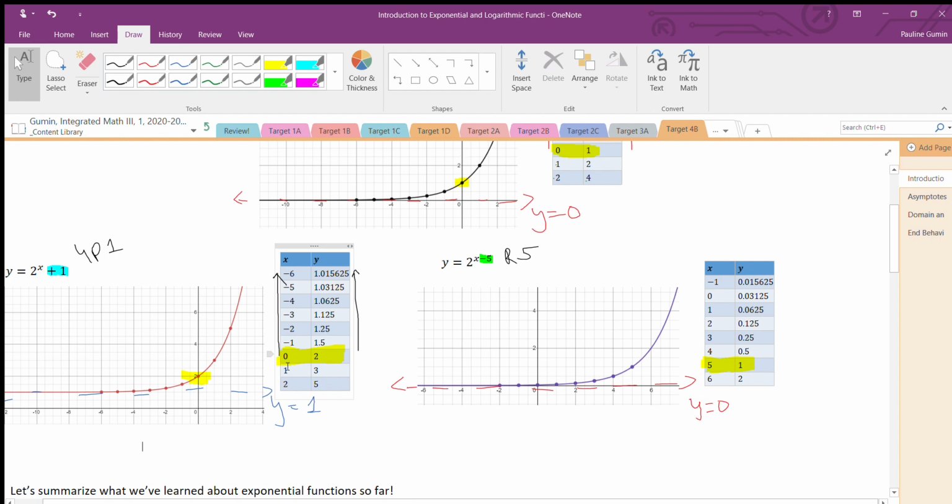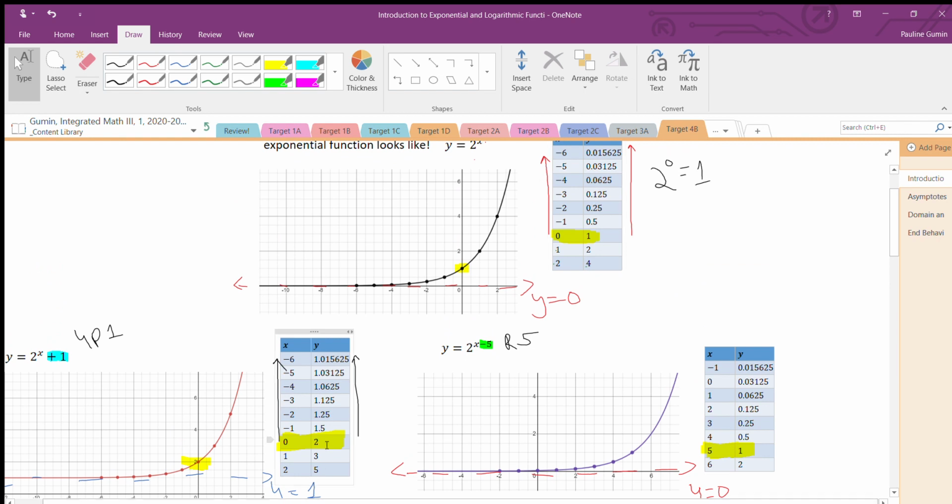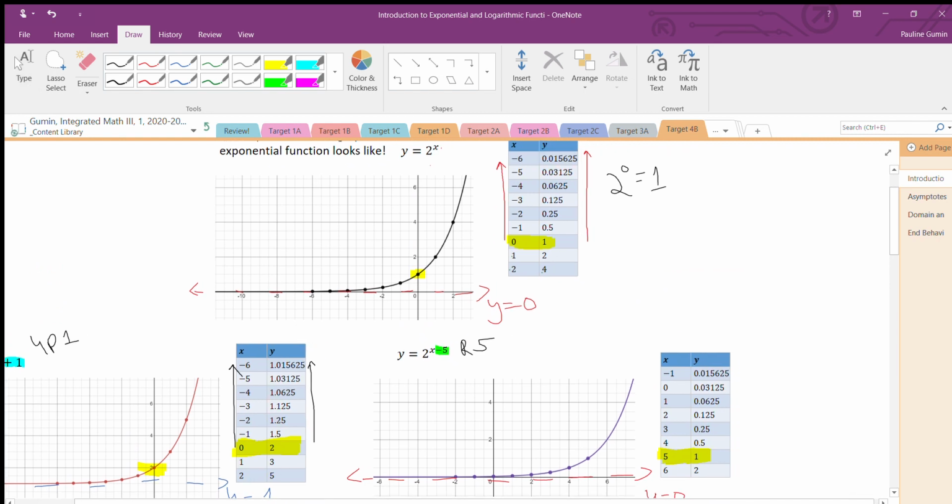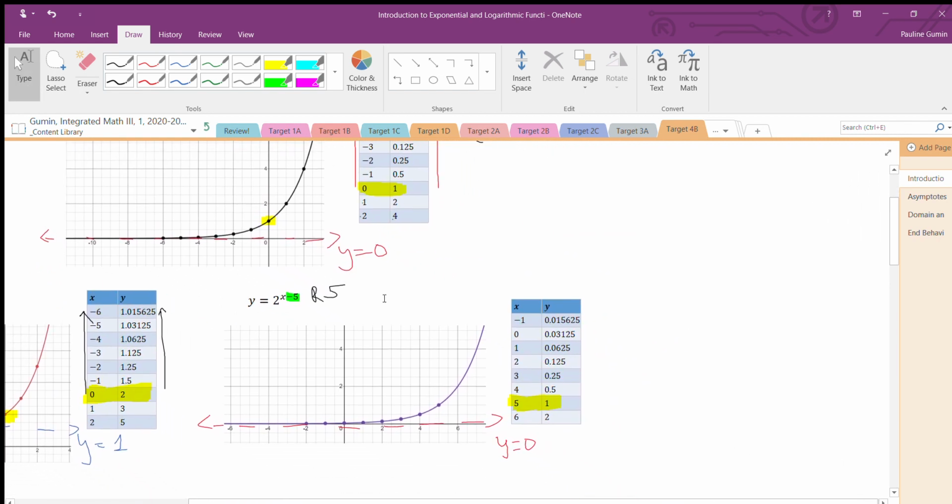So I look for x is 0, my y is 2. So if it's going from 1 to 2, that's up 1. In this graph, I'd say, okay, I know it didn't move up and down, so my 1 stays 1. And I take a look at my 5. That means I moved to the right 5.